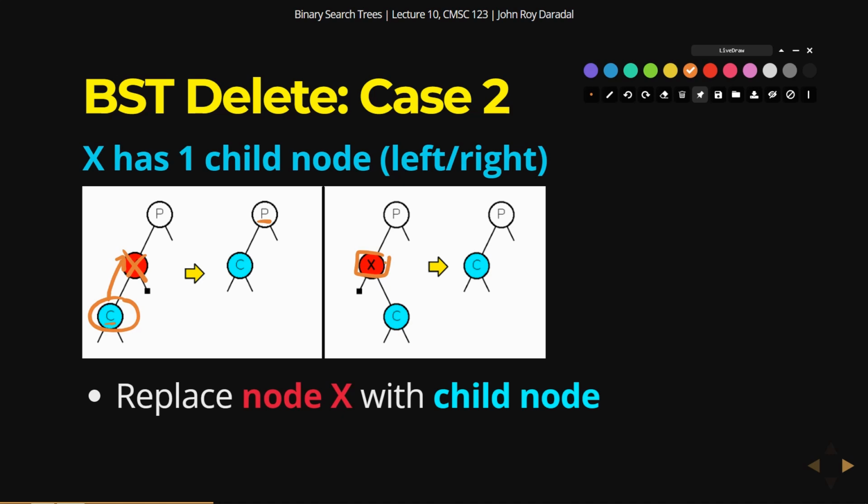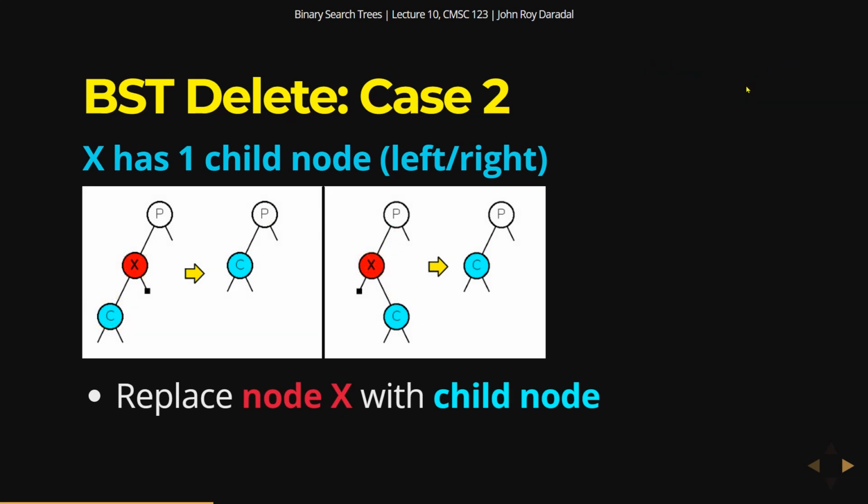So when we remove X, which has the right child C, the P can just connect here to C. We can just replace node X with the child node because you can think of it this way, like you're the sole heir of your parents, so the business of your parents will have to go to you. So just replace the node X with the child node.